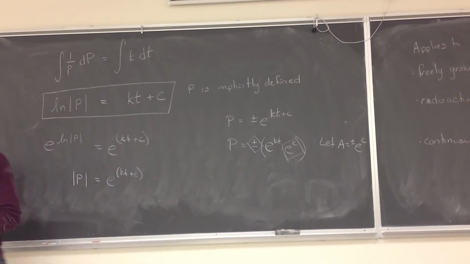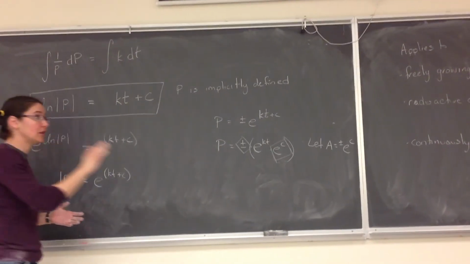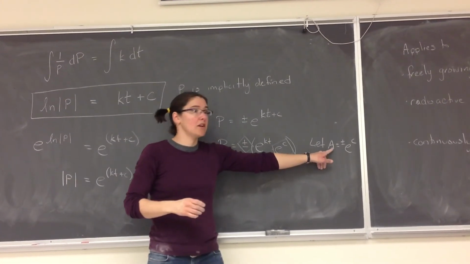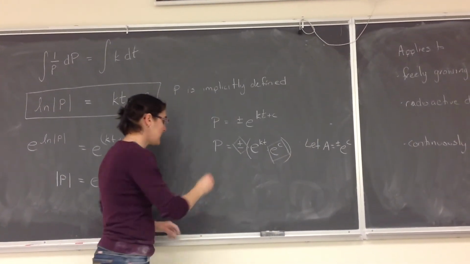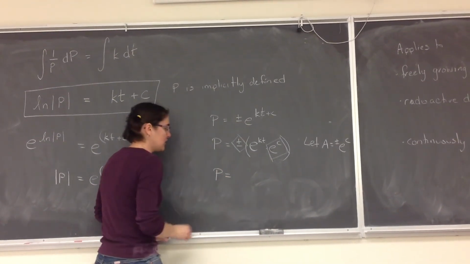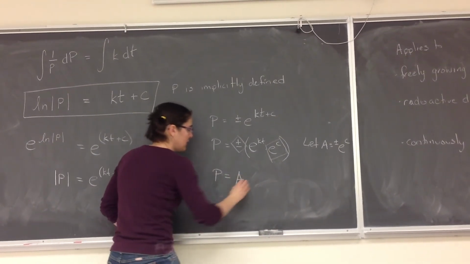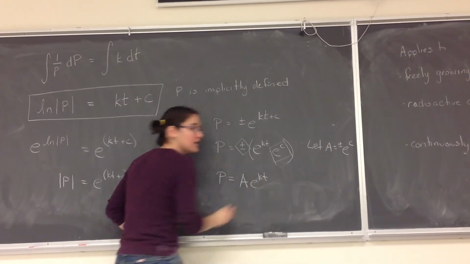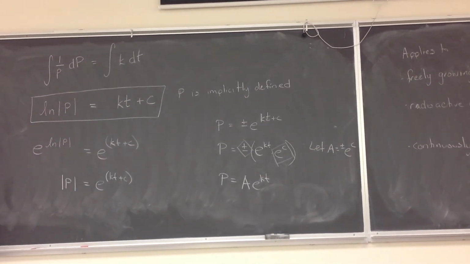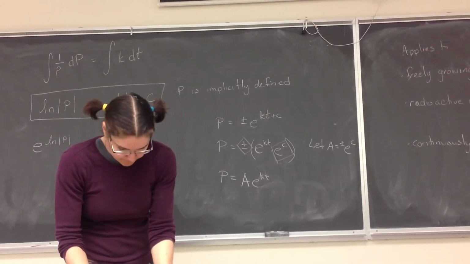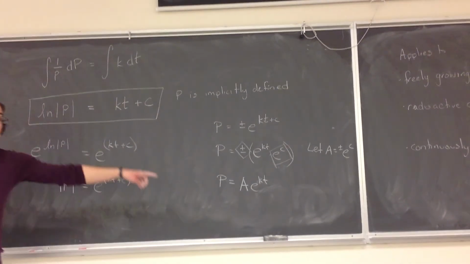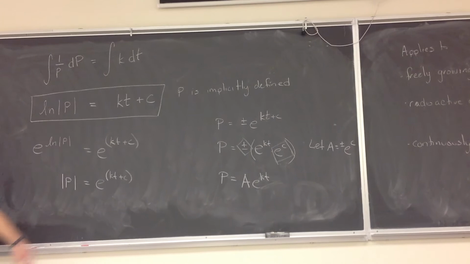All those things are constant values, so we lump them together into one constant value, which we're going to call a. And so now our population is equal to a times e to the kt. And now we have our population growth model.